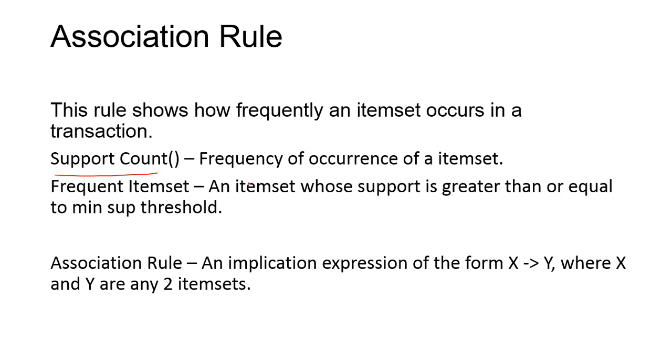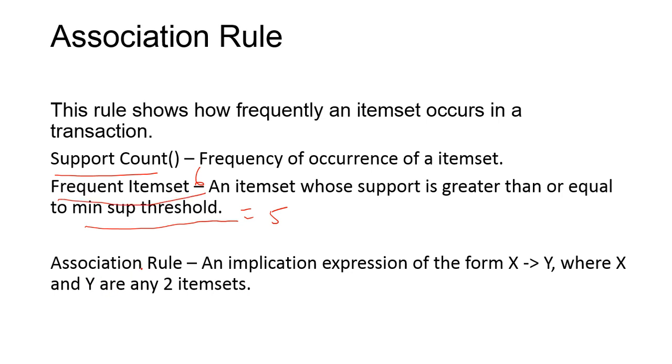Frequent item set means the item set whose support is greater than or equal to the minimum support threshold. Let us take my minimum threshold as 5, and if this particular item set occurs 6 times, that means it occurs more than the threshold. So I can say that this is a frequent item set.